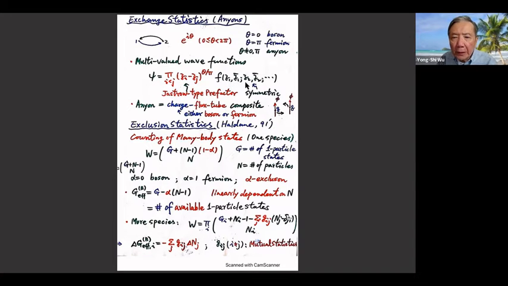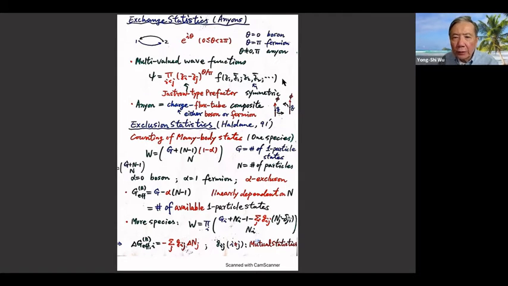Therefore, for the many-body wave function, if we use complex coordinates to denote the coordinates of the particles on a plane or on a two-dimensional surface, the wave function actually must be multi-valued when θ is not equal to 0 or π for anyons.